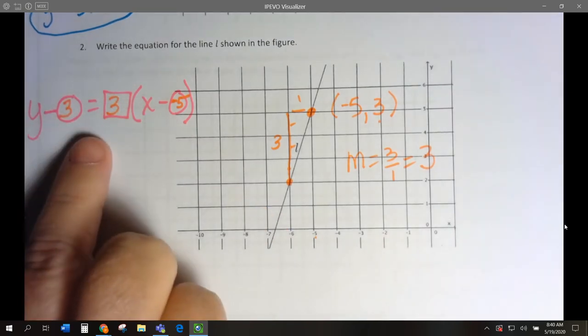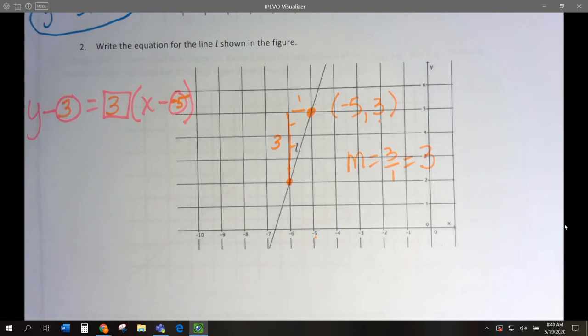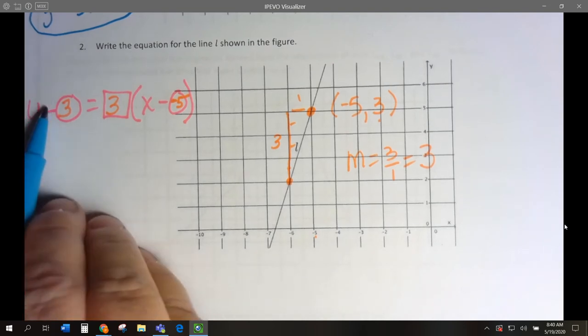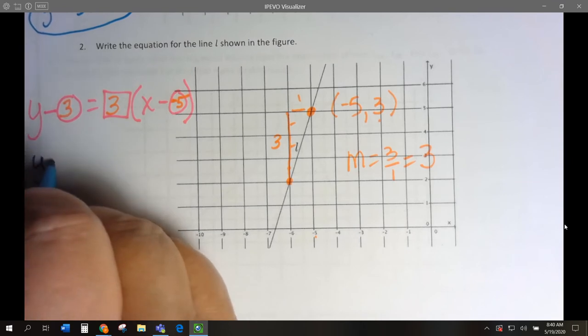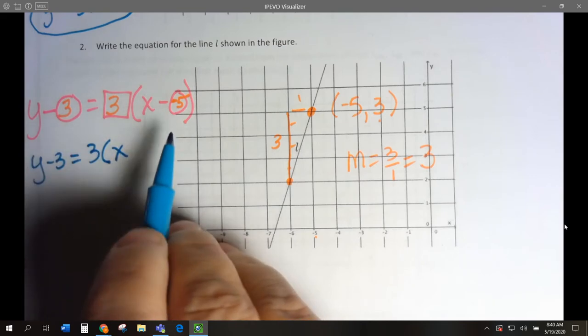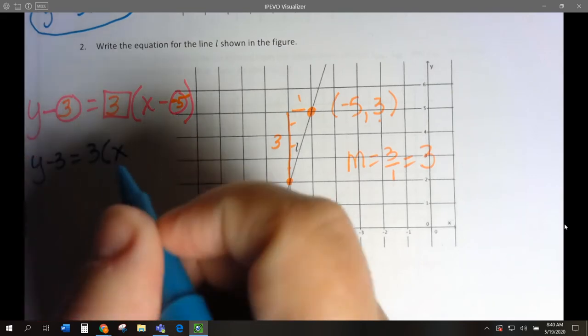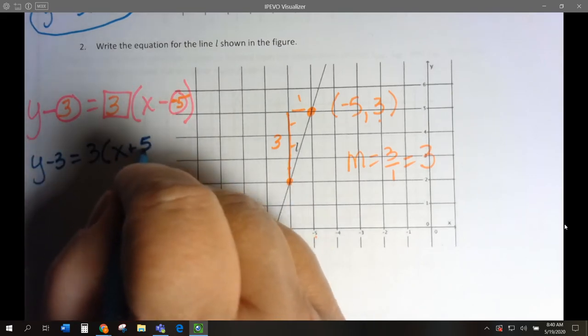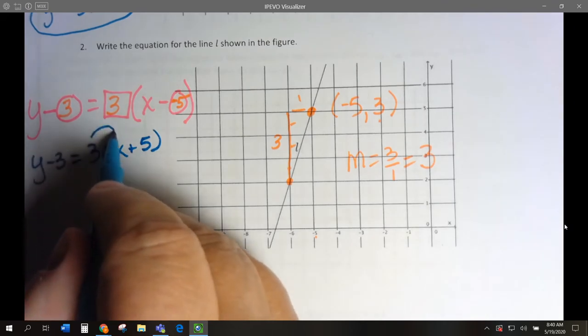Now that we have this all written up, we can change it to slope-intercept form. By simplifying it, we have y minus 3 equals 3 times x minus the -5, which is plus 5. Do our distributive property.